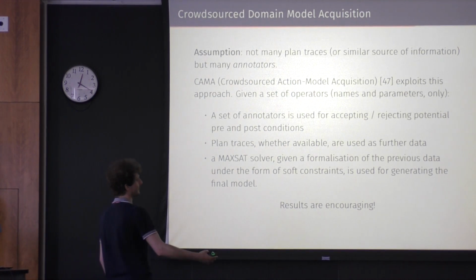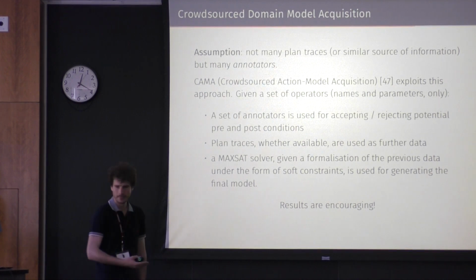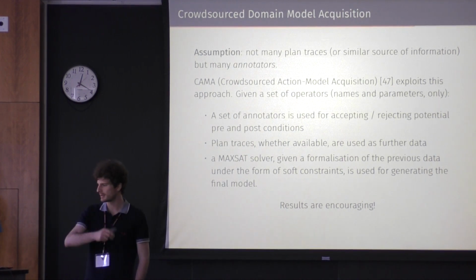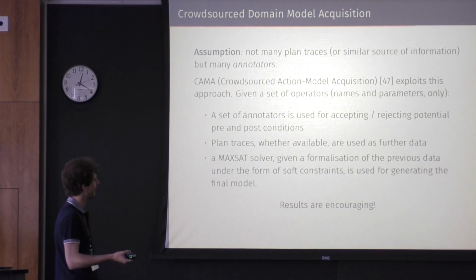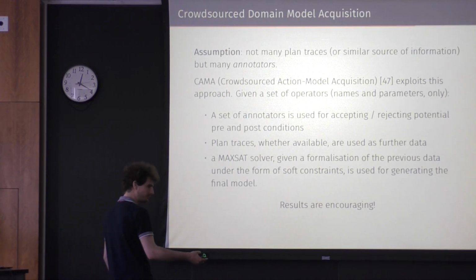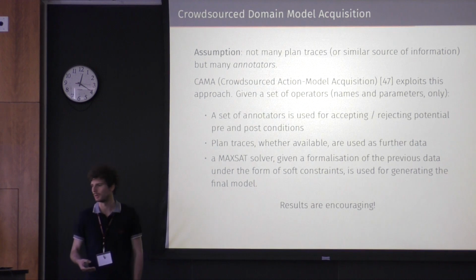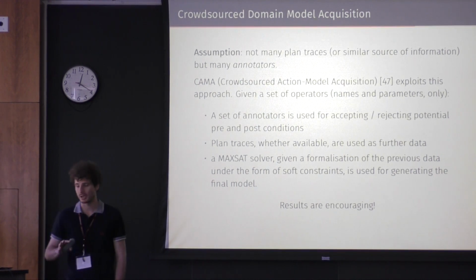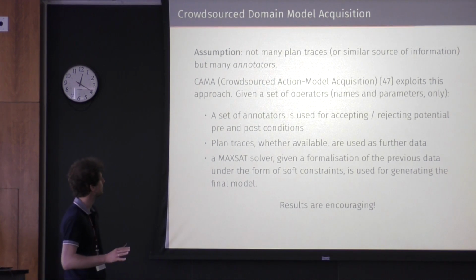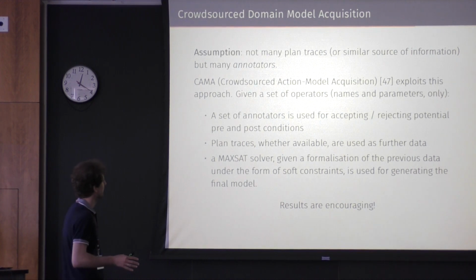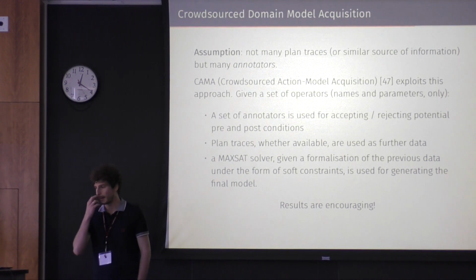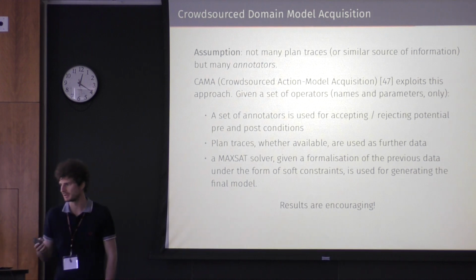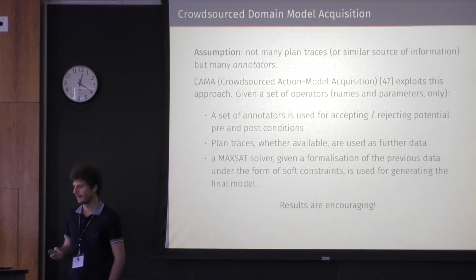And this is exactly where the crowd helps. The set of operators, the names and the parameters, were provided, and then annotators were in charge of accepting or rejecting potential preconditions and postconditions. Also, the annotators were provided with plan traces if they were available.